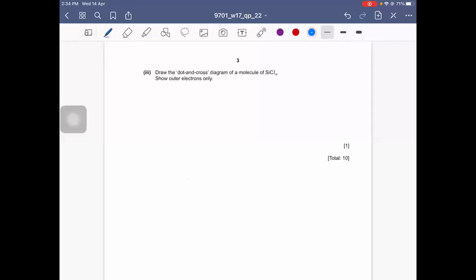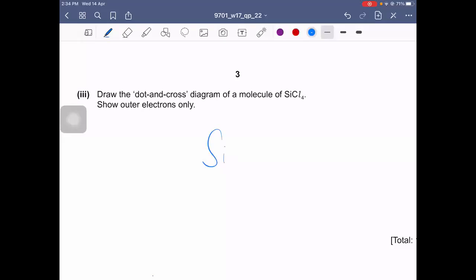Next part, they ask you to draw the dot and cross diagram of a molecule of SiCl4. Show the outermost electrons only. You're gonna simply make Si.